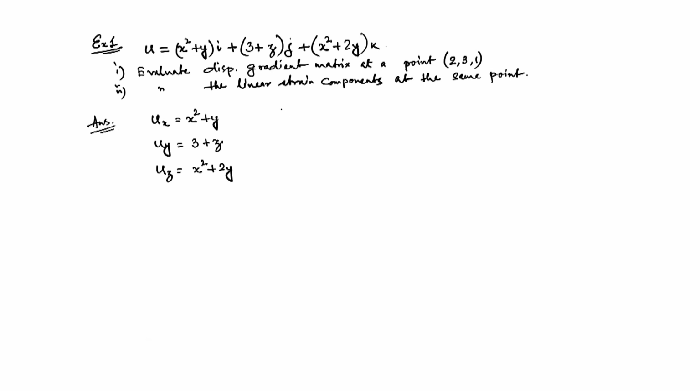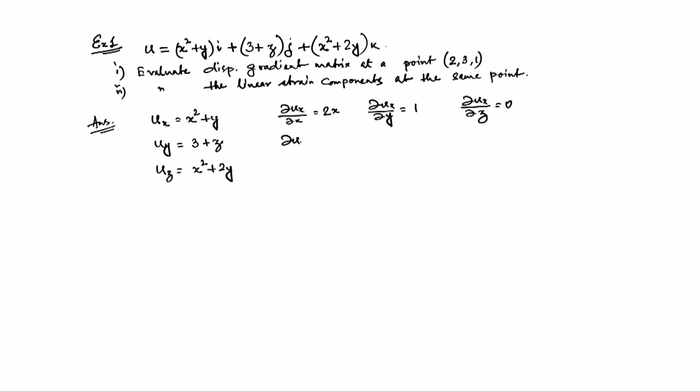So, we can differentiate u x with respect to x, which is twice x, then u x differentiated with respect to y, which is 1, and then u x differentiated with respect to z, which is 0, right.